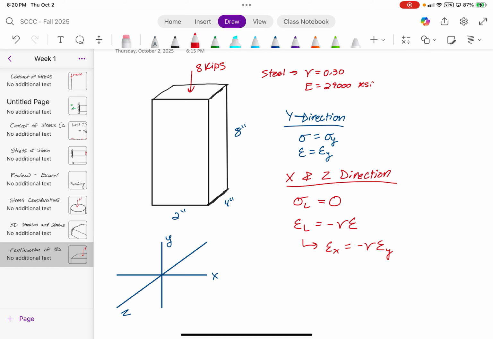All right. Similarly, for the z direction, it's going to be negative Poisson's ratio again, times the strain in which direction? Is it X? Nope. What's the direction of normal strain? Oh, Y. Y.